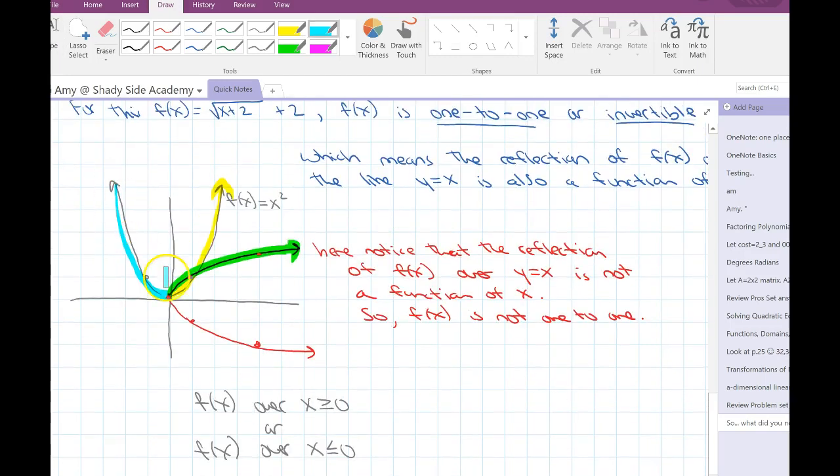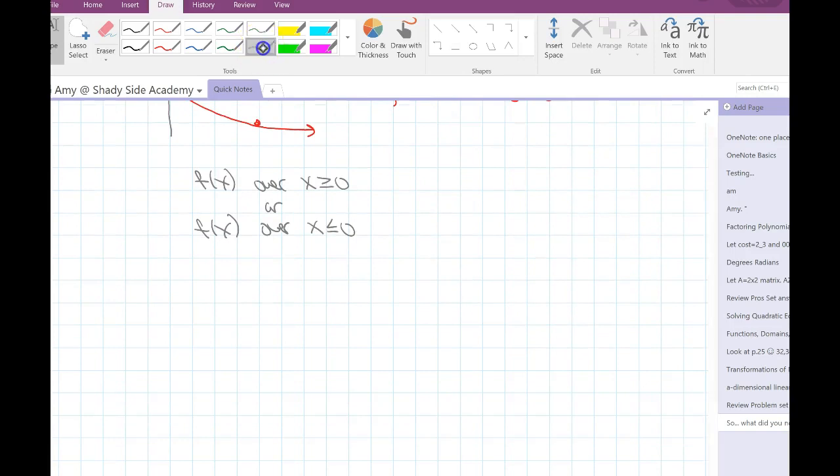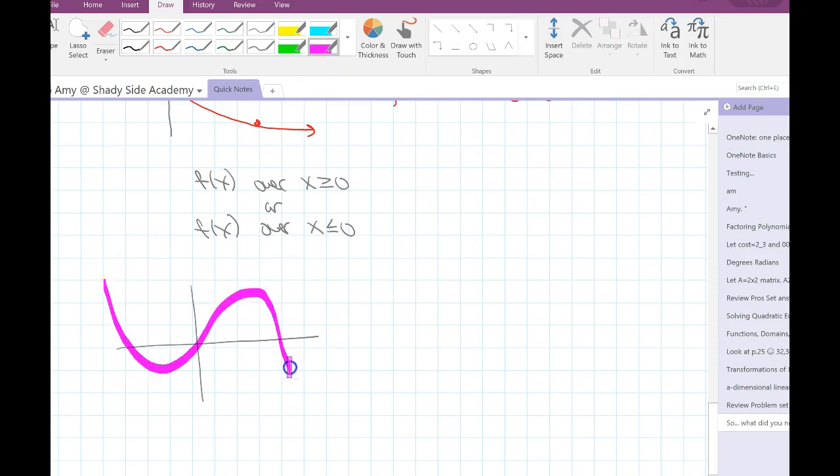Well, you know that when you are given a function and someone says to you, is this a function of x? Does this describe y as a function of x? You apply the vertical line test, right? You scan it vertically to ensure that the vertical line doesn't hit the curve more than once.